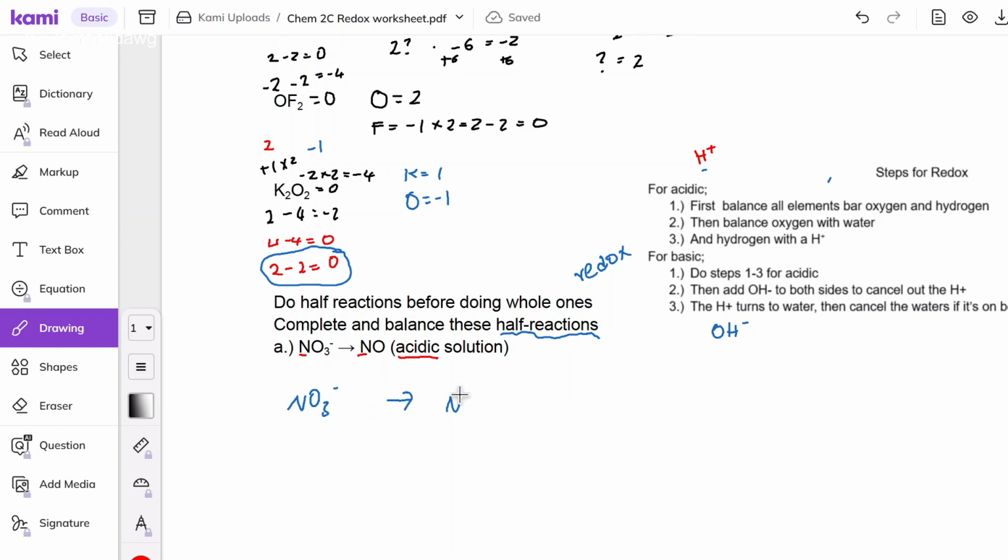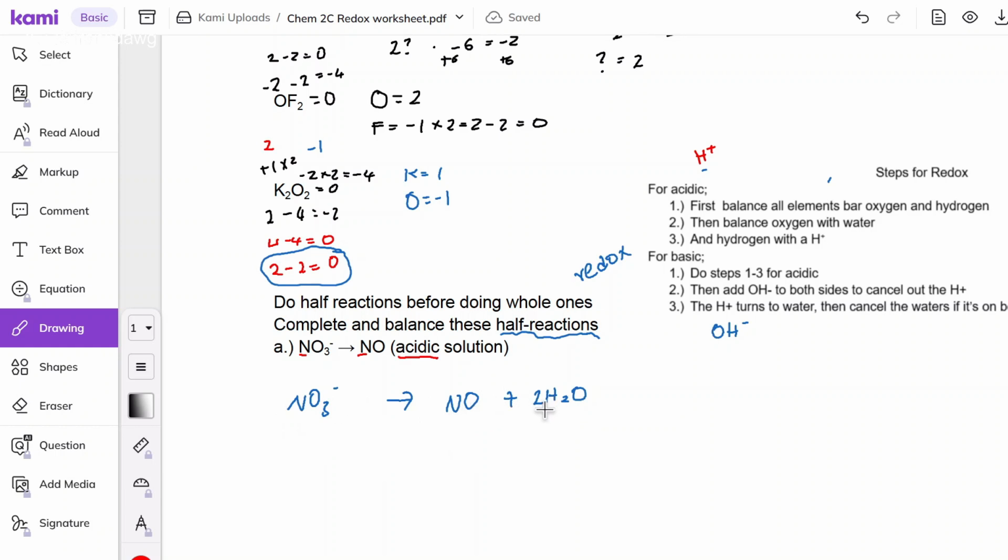turns into NO. You can see that there are 3 oxygens here and only 1 here. So to balance it, we have to add 2 more oxygens to it. 2 H2O supplies 2 more oxygens, and now the oxygens are balanced.